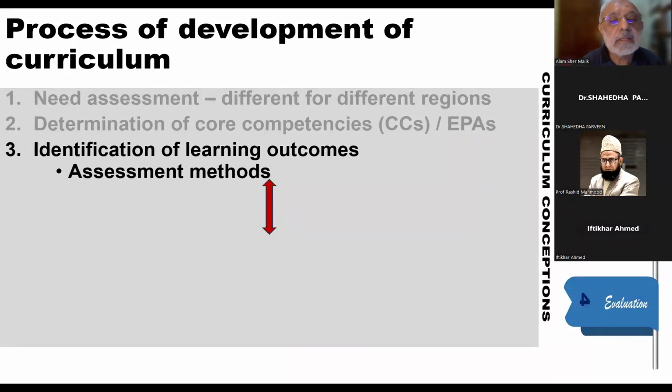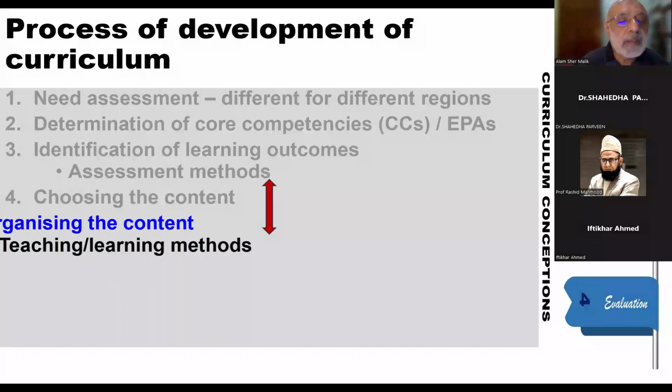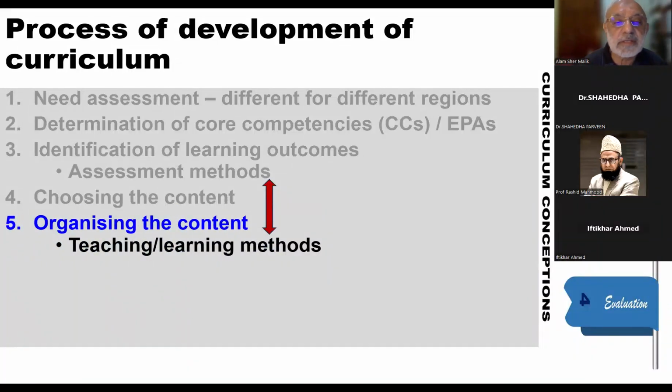And then based on these attributes or competencies, we identify the learning outcomes. And of course, these learning outcomes would help us in how to assess those students. And then we choose the content and then organize the content.